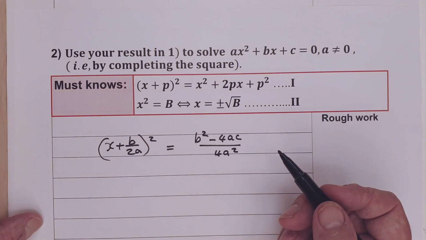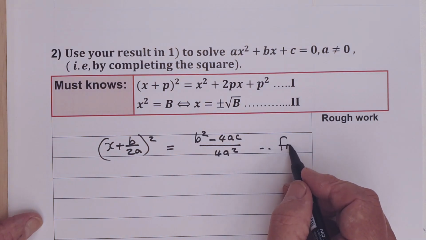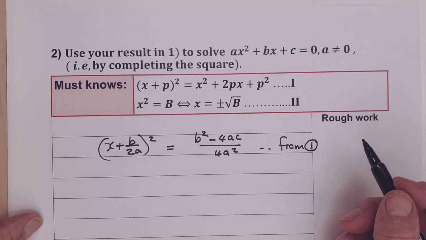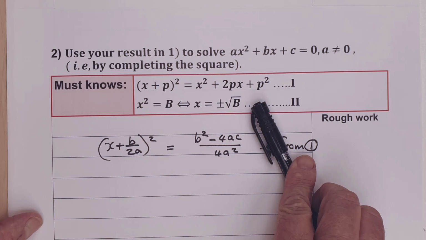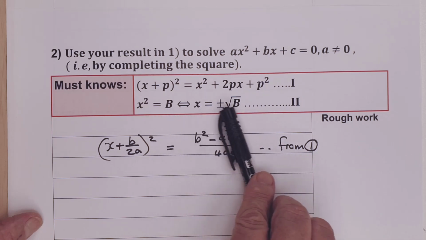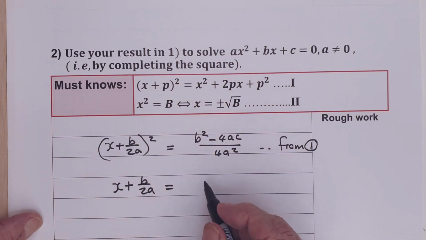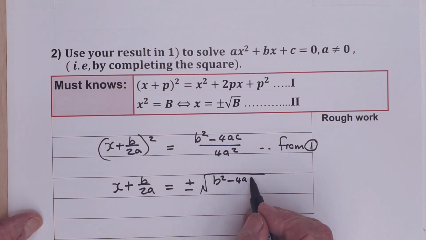That was our result from number 1. Now I'm back at number 2, so I just need to take the square root of both sides. I get x plus b over 2a, and on the right hand side, plus or minus the square root of b squared minus 4ac over 4a squared.